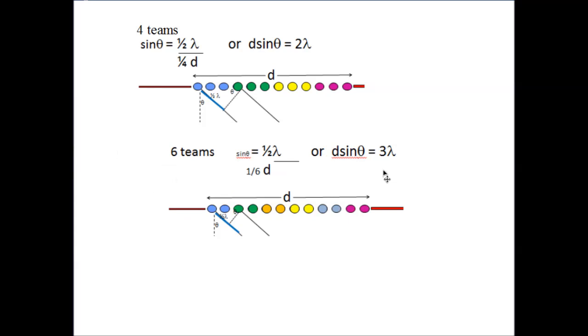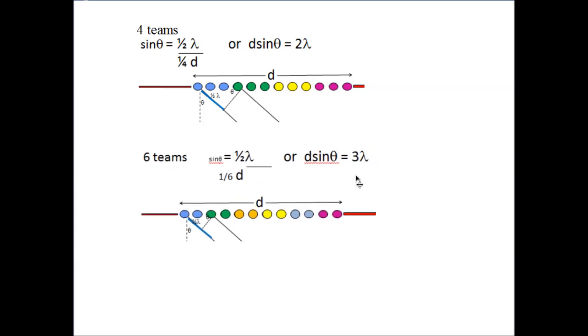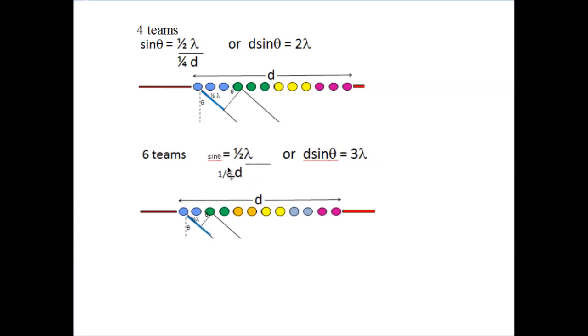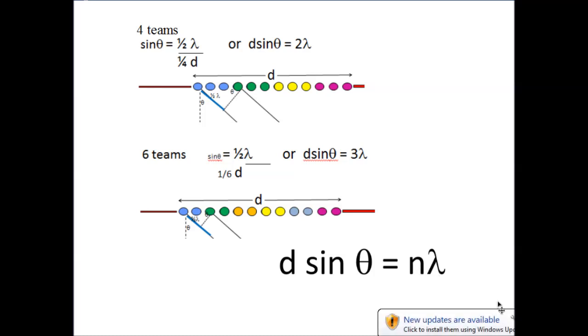And then you divided it into 6 teams, and now it's going to be this result, and in general the result looked like this, where we have added this n, and that n represents which nodal line you are going to. The nodal line that is closest to the center, the nodal line that is the second one out, the nodal line that is the third one out.